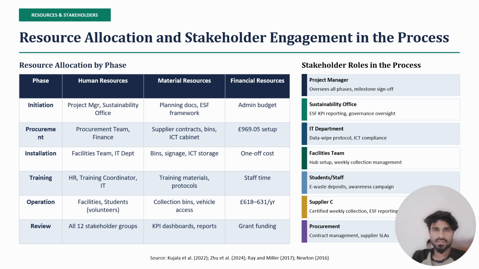And the second phase is the resource allocation and the stakeholder engagement in the process. My resource allocation maps human, material, and finance resources to every phase, ensuring no stage is under-resourced. The total initial financial commitment is 969.05 pounds.